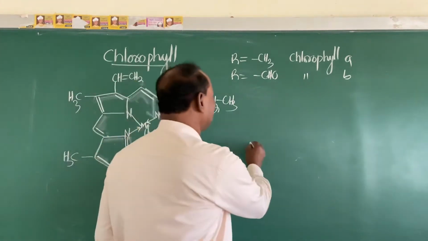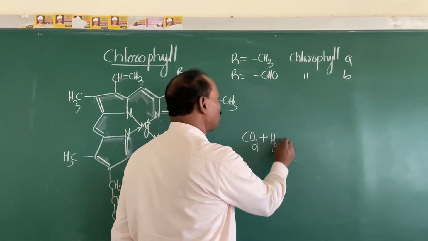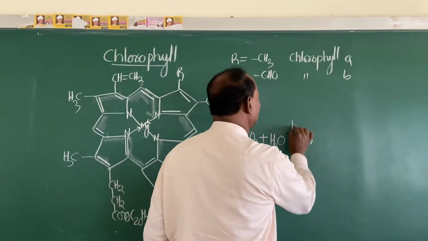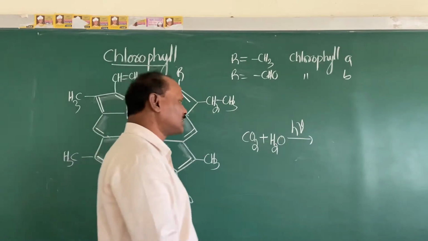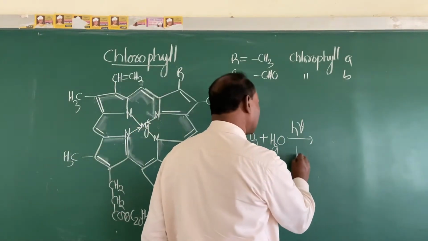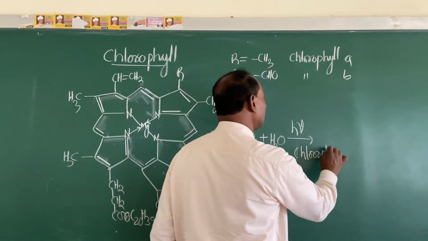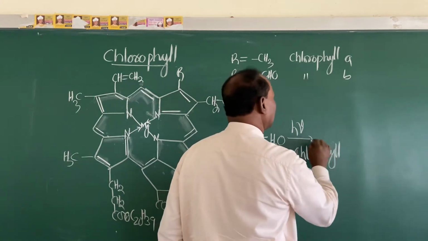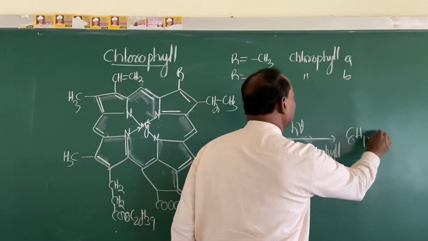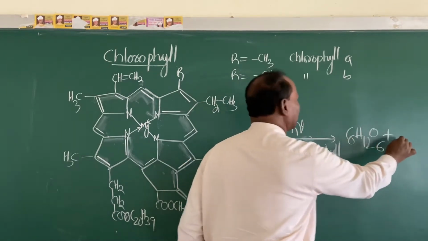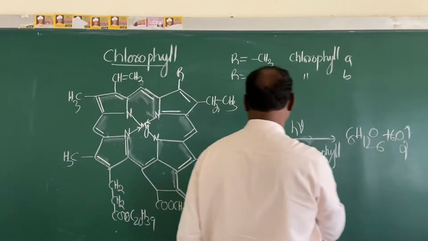You know, plants prepare their food by taking carbon dioxide and water, by absorbing the sunlight, solar energy, in the presence of this chlorophyll, and it makes glucose. In other words, it's food, and importantly it liberates oxygen, right?